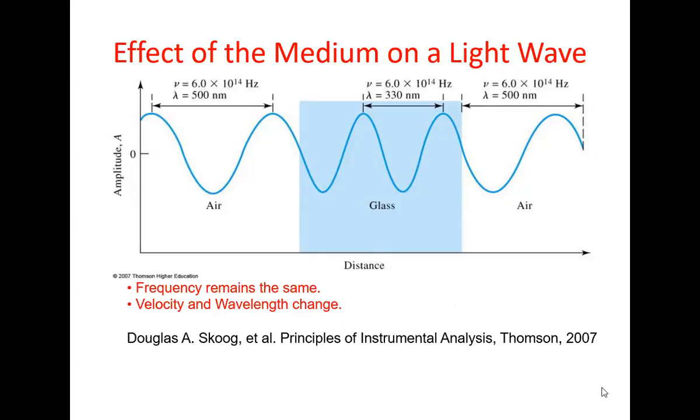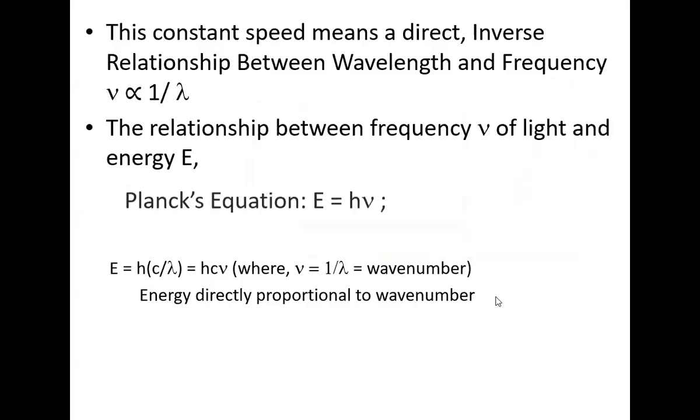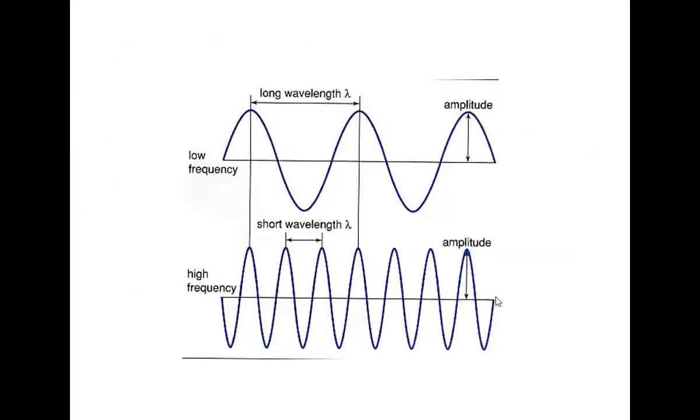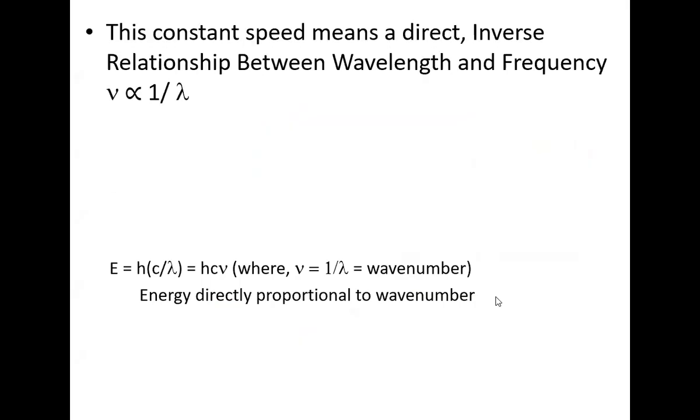Now, let me bring up something important which one of you asked again, and I think it's an important question to answer. Let's go to the first one. The constant speed, remember, c, velocity is equal to, give me the formula.